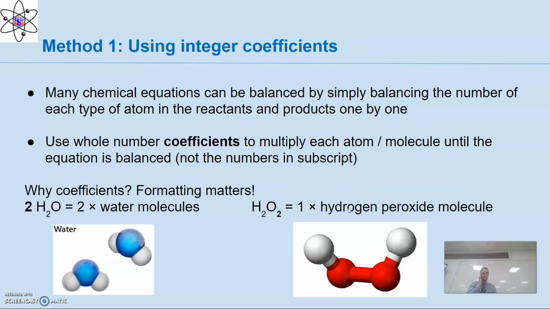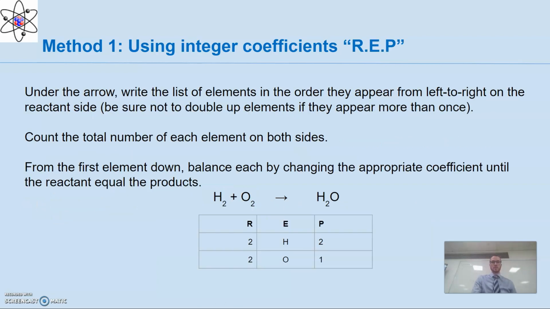Okay, one method, using integer coefficients. So this idea of two waters versus hydrogen peroxide. So talking about coefficients as to why that's important. So, REP. If we write the letter E either to the side of the equation or underneath the arrow, I find quite useful. E stands for elements, R for reactants, P for products. So if I look at the left-hand side, I have 2 hydrogen atoms, 2 oxygen atoms in total.